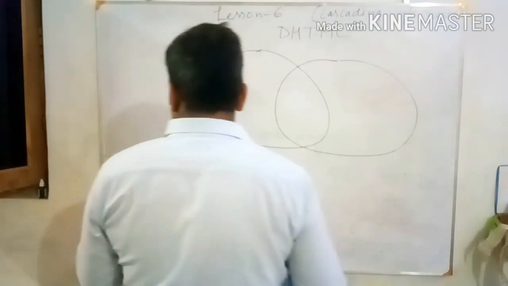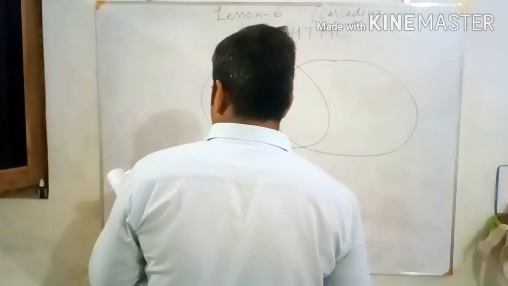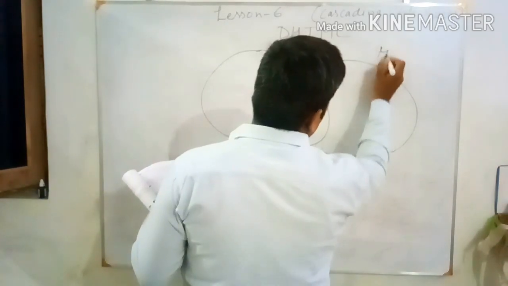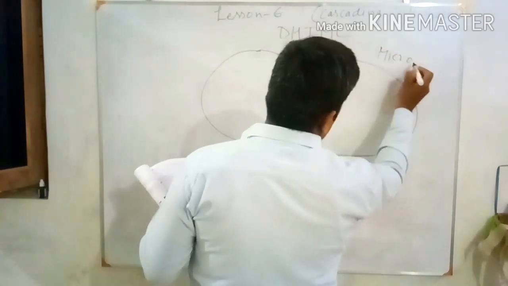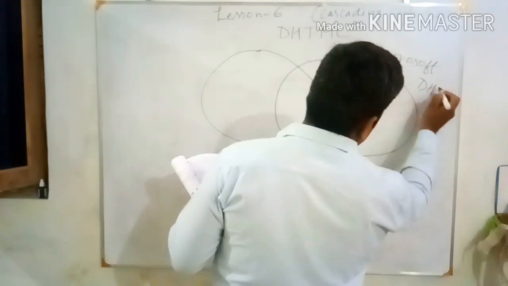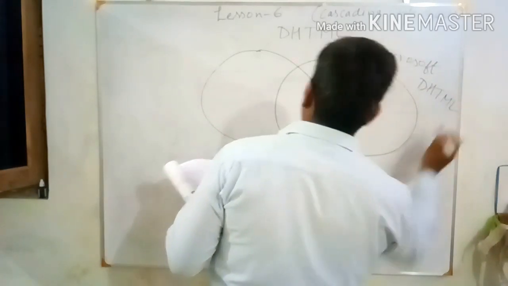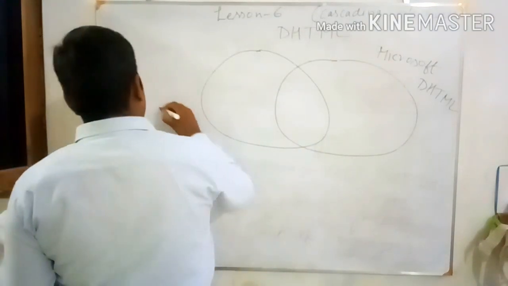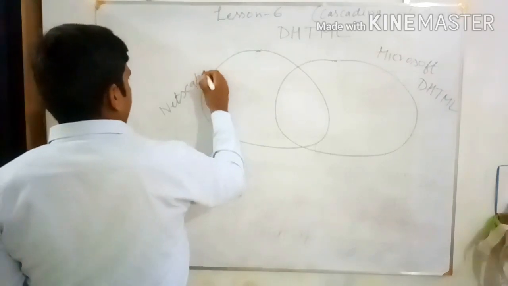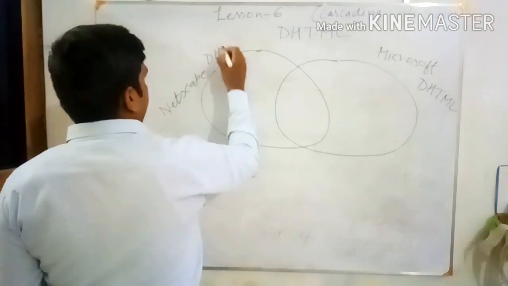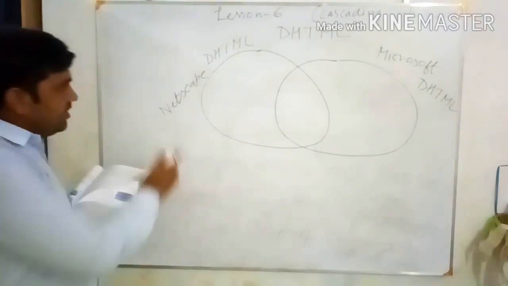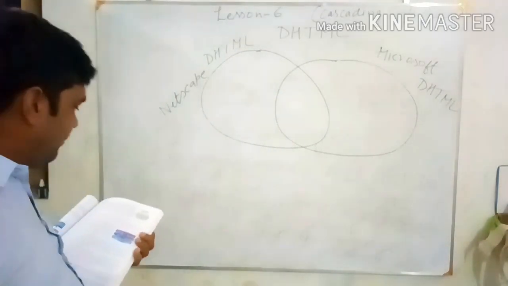This is the dynamic HTML. This is the Netscape DHTML and this is the Microsoft DHTML.